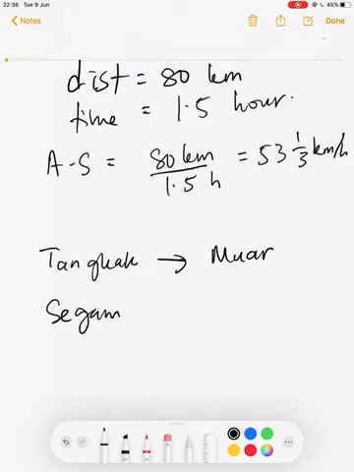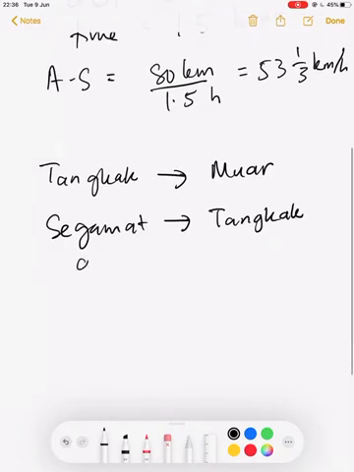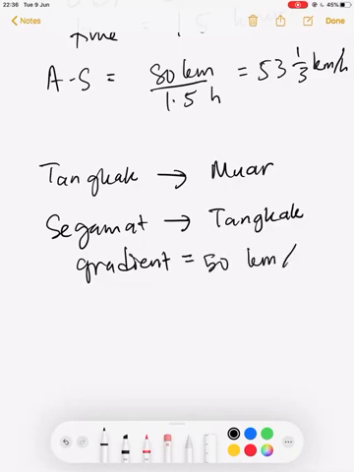From Segamat to Tangkak, the rate of change means the gradient, class. The gradient is 50 km per hour. Okay, so the gradient is 50, so we can find the S.